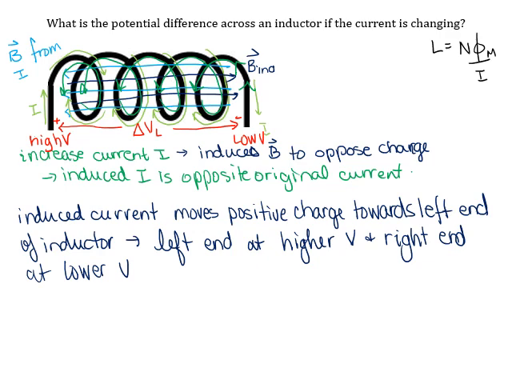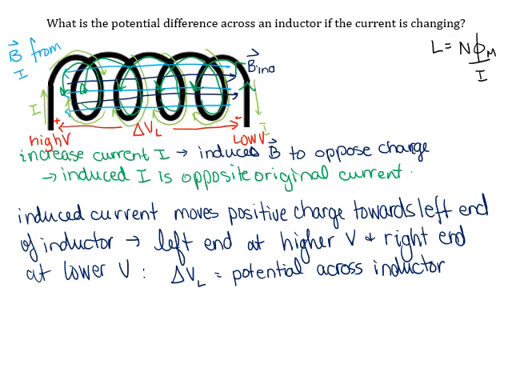Okay, so the potential difference across the two ends we'll call delta VL equals the potential difference across the inductor. And that's an induced potential difference because it only happens because we changed the original current. Let's fit in Faraday's law here.